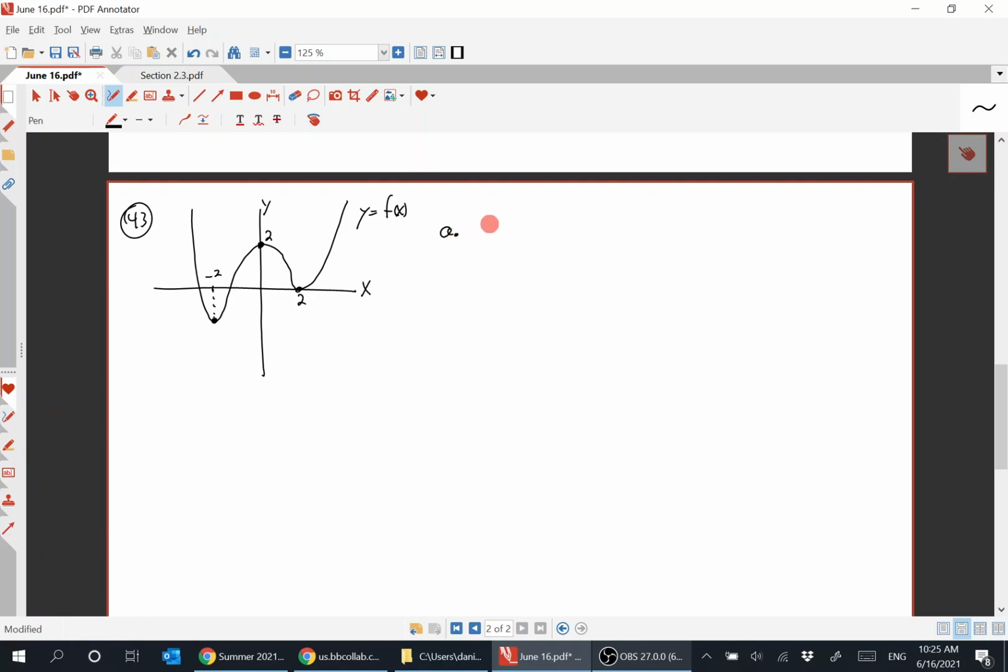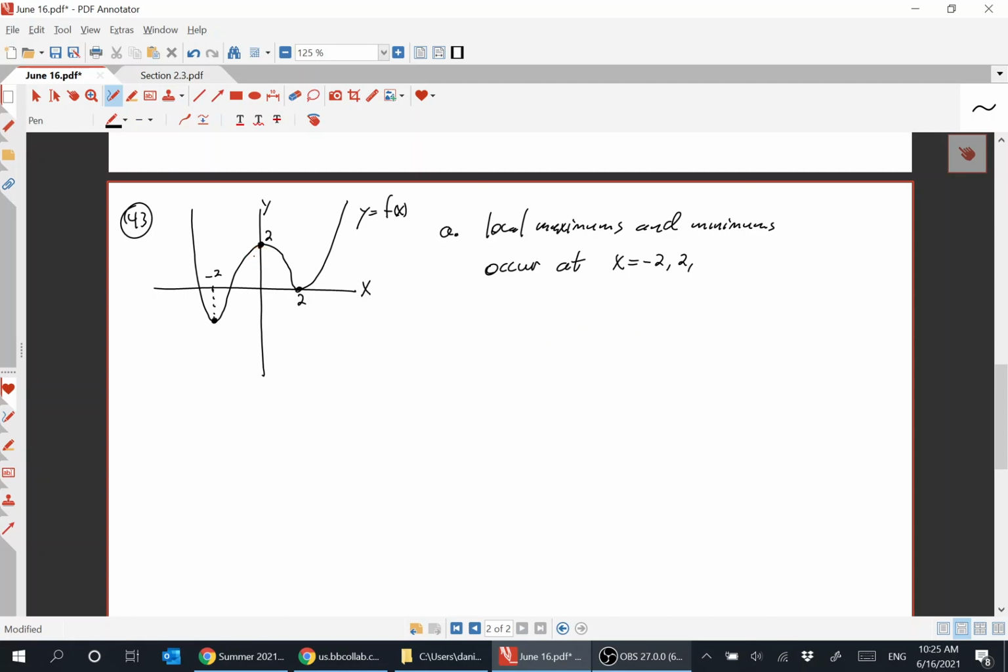So A, local maximums and minimums. Local maximums and minimums occur at x equal to, so you got a minimum at -2, a minimum at 2, and where's this maximum occurring?